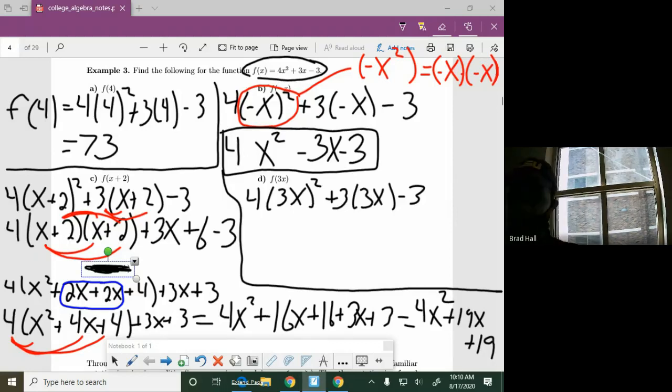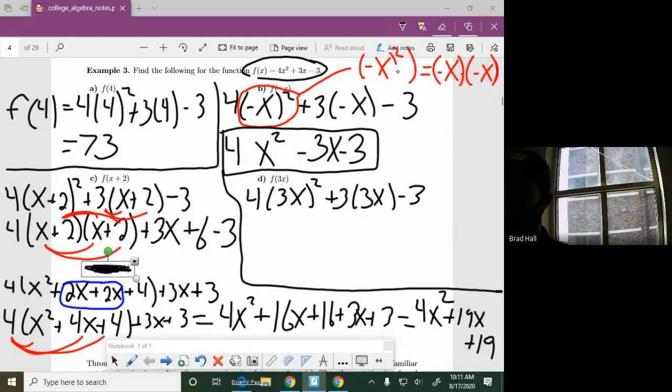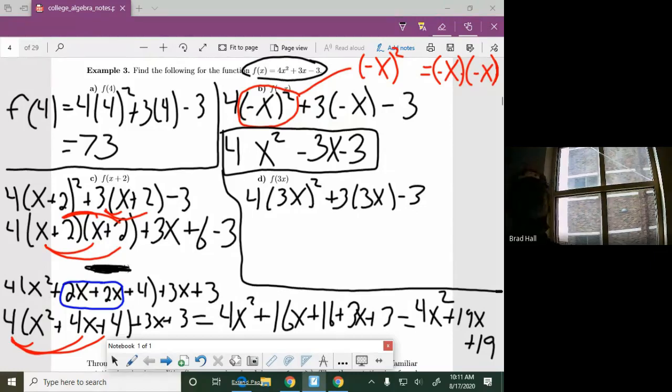Okay, so like we did above, actually, in part B, I just noticed an issue with that. Parentheses should be there. That wasn't good. Okay, so like we did above, instead of negative x quantity squared, it's 3x quantity squared.